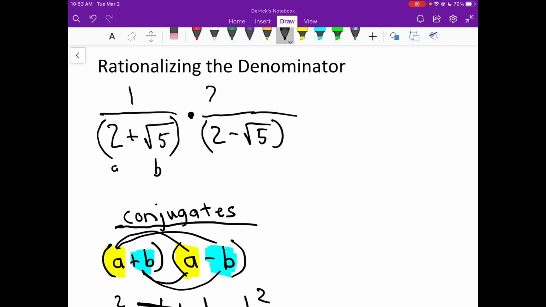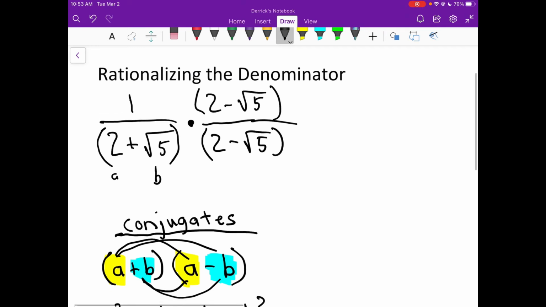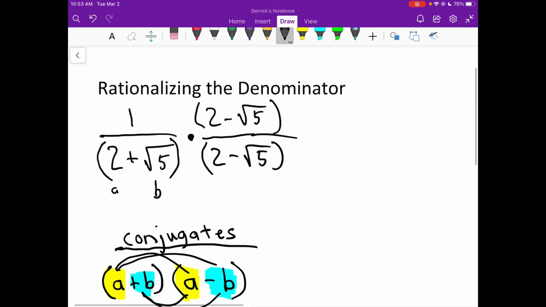So if we were to multiply this expression by the conjugate of 2 minus the square root of 5, in numerator and denominator, top and bottom, well, in the numerator there's nothing special going on. 1 times 2 is still just 2, and 1 times negative square root of 5 is still just negative square root of 5. But let's watch what happens in the denominator.